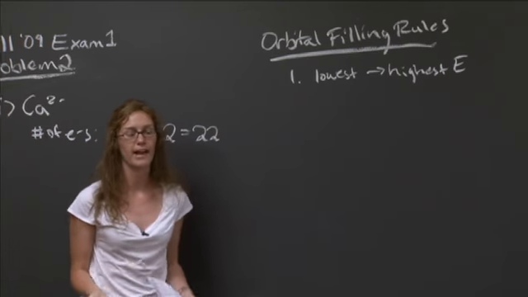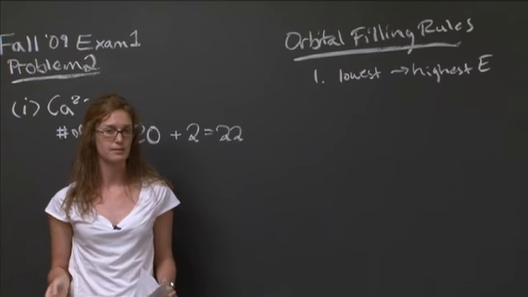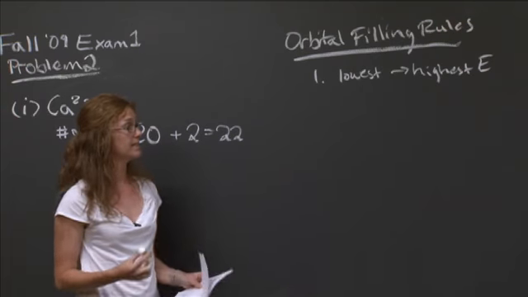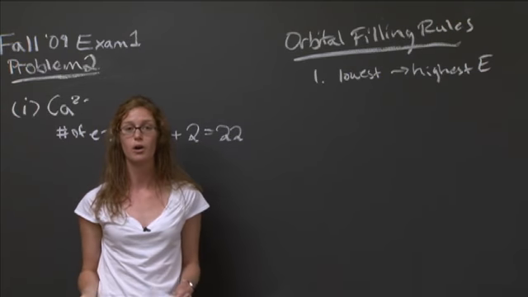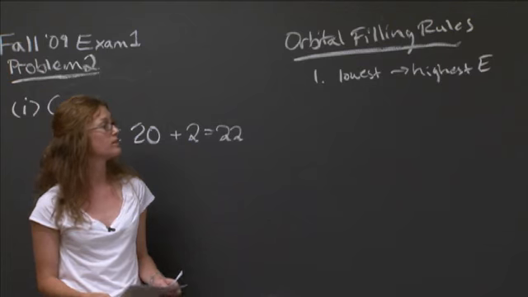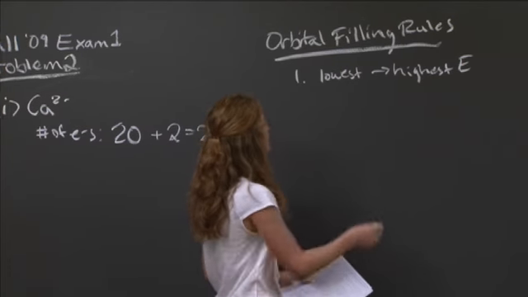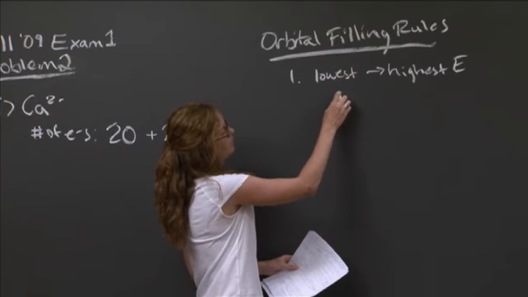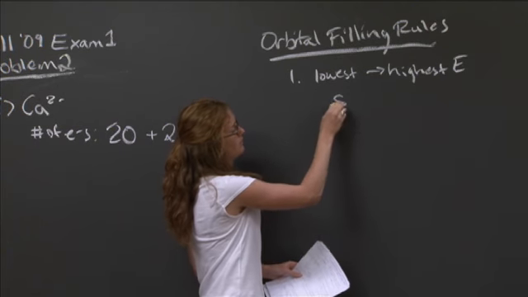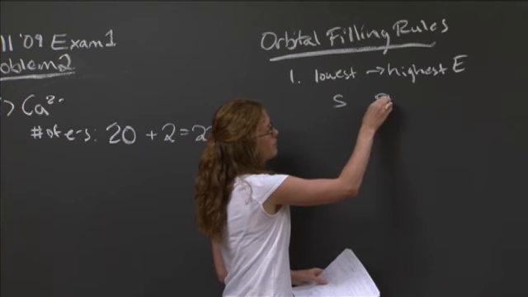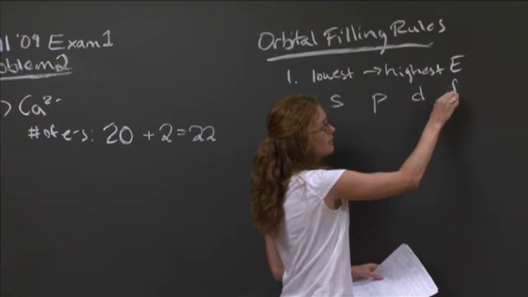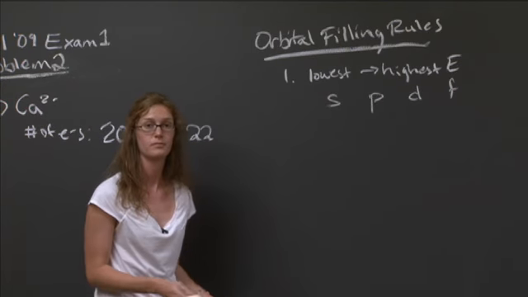Now, how do we figure that out? Well, there's a few ways. One way is a nice trick that you can do on the side of your page or something, and it goes like this. So we have our S, P, D, and F orbitals, right?